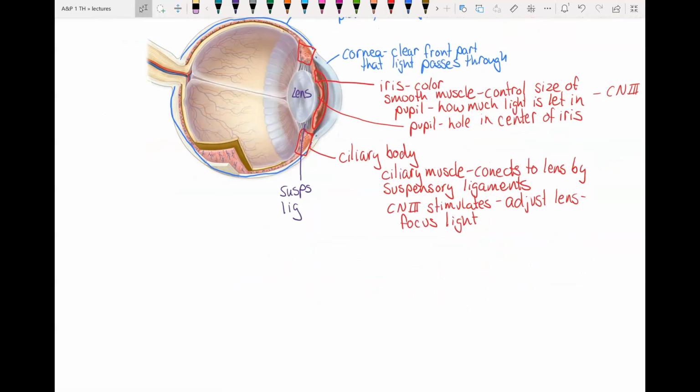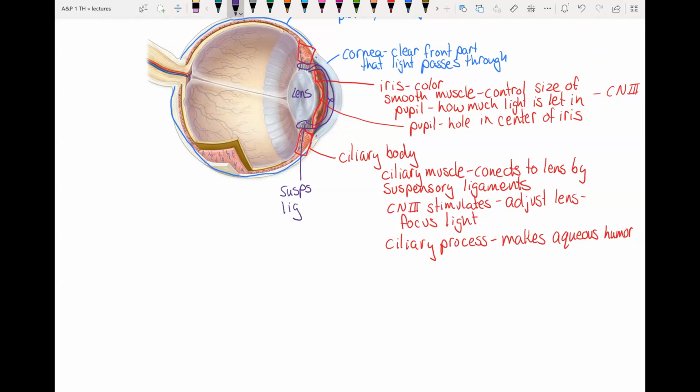Then the ciliary process, which is the other part of the body, makes aqueous humor. So the anterior cavity, all this area here and up here, it goes all the way around. All that area, that empty space in the front of the eye is the anterior cavity.